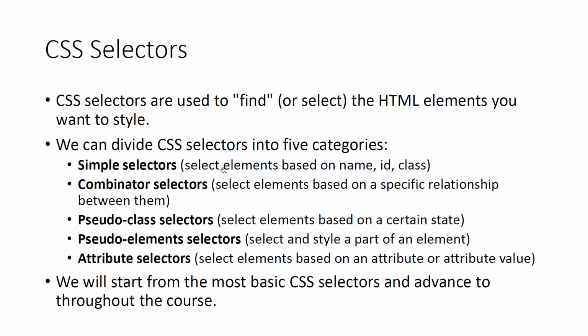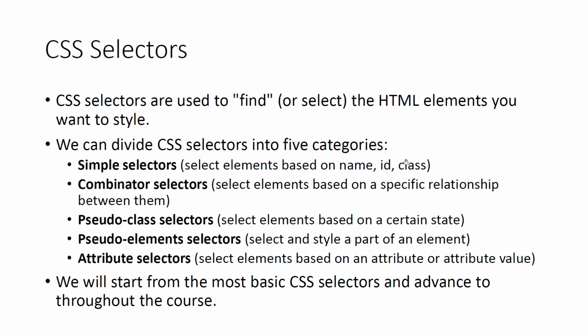So the first selectors that we use are the simple selectors, and under the simple selectors we can use the HTML elements themselves, which are the HTML tags, and we can select them based on their names, that is the name of the tags, or based on the ID attributes. Each and every HTML element can have an ID attribute, but maybe we just don't go ahead and add it.